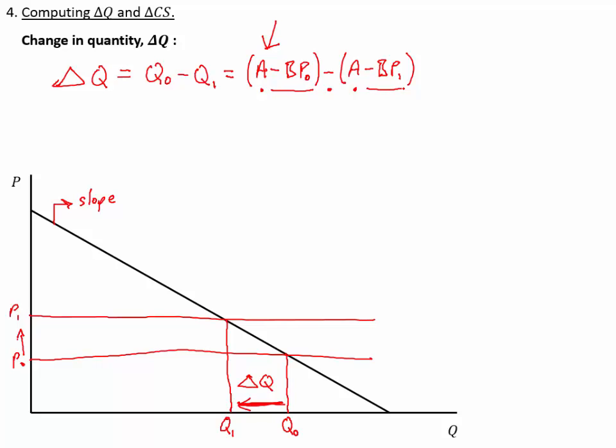And if you rearrange all the negatives, what you wind up with is B times P1 minus B times P0, which is equal to B times (P1 minus P0). Put another way, it is the change in price that your policy is going to cause multiplied by this B parameter, which you computed on the basis of real-world estimates of elasticity, price, and quantity.